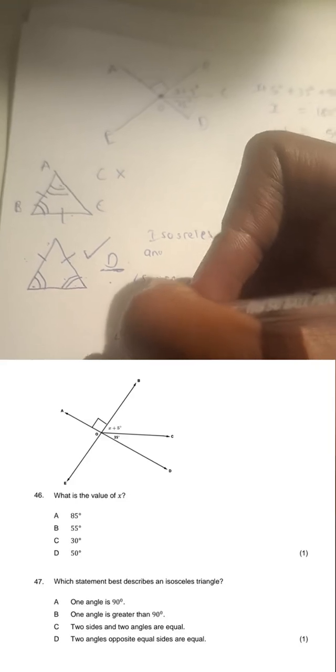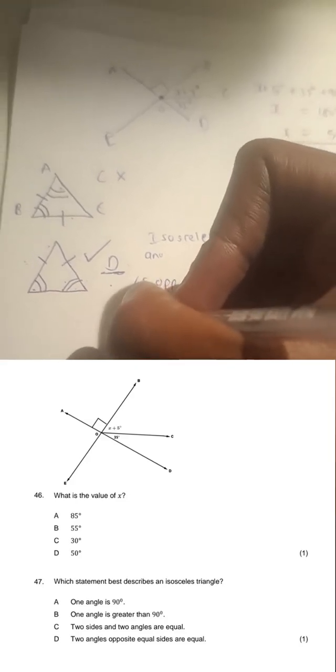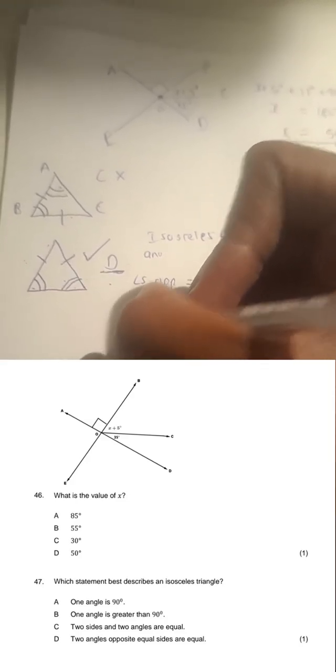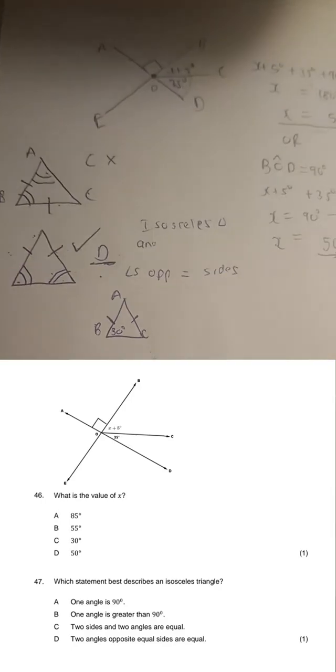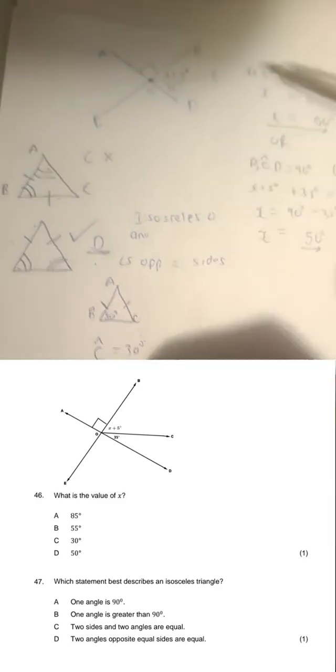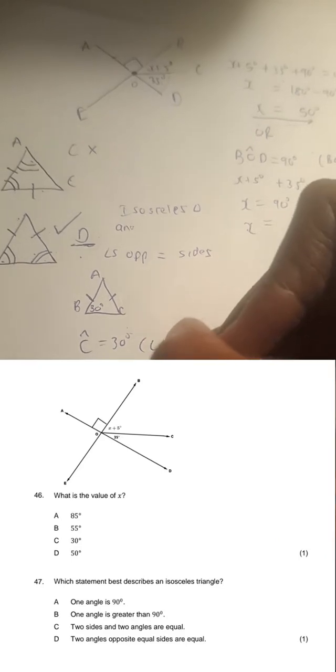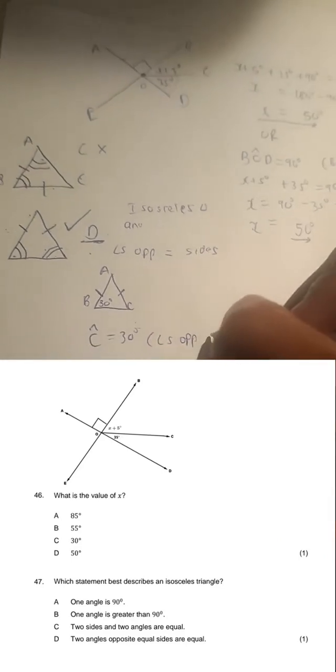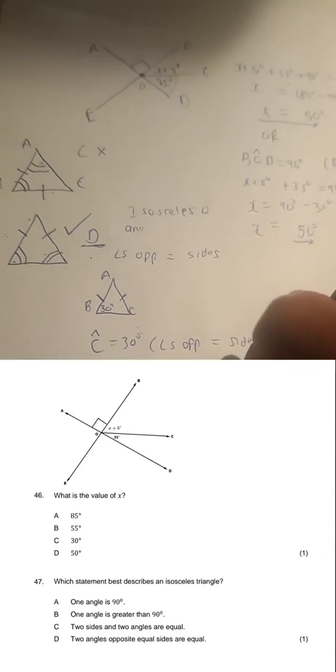Okay, in actual fact, we use this a lot. Let's say I give you 30 degrees triangle ABC, and then I ask you, what is the angle C? Okay, to find angle C, you would say angle C is also equal to 30 degrees, and then when you write your reason, you say angles opposite equal sides.